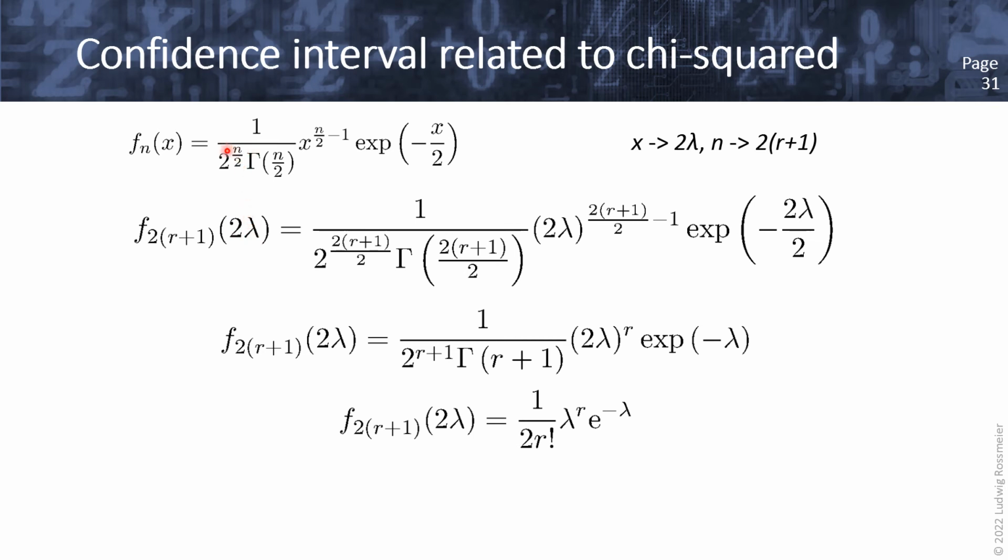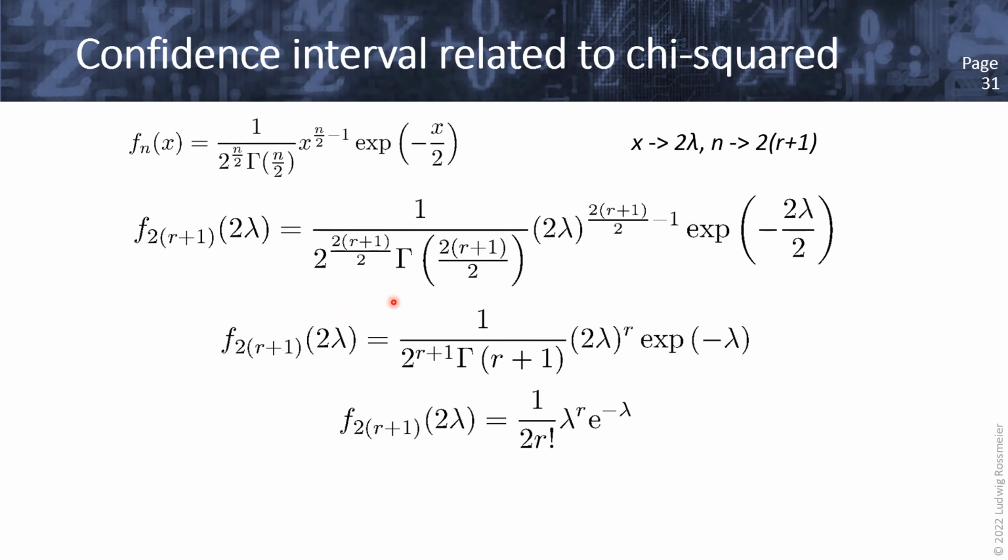Now the n is replaced like here. Again, the n is replaced like here. X is replaced by 2 lambda. The n is also replaced. And again, x is replaced by 2 lambda. Now I simplify in the next step.